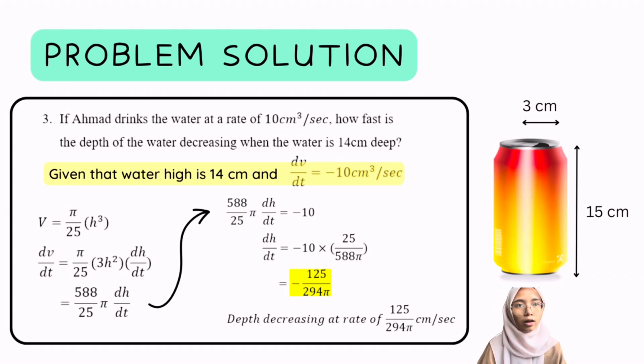So we can conclude that the depth is decreasing at a rate of 125 over 294 pi centimeters per second.